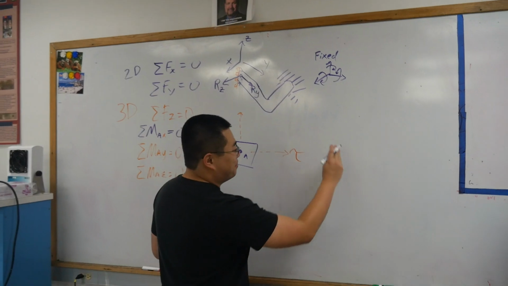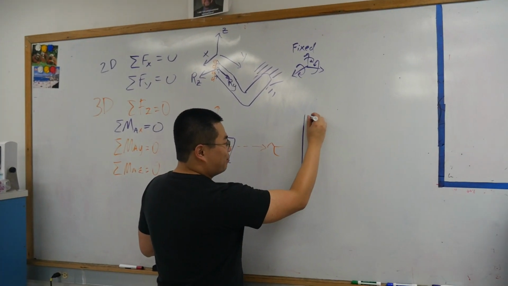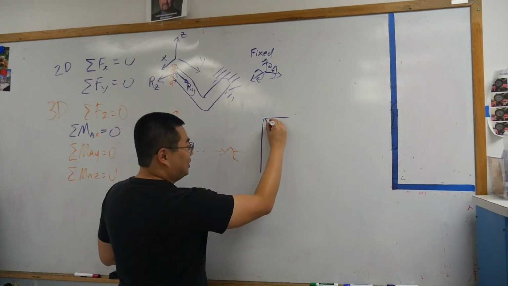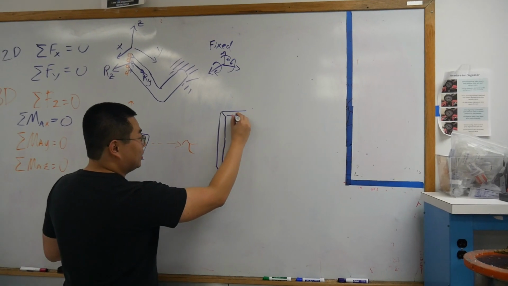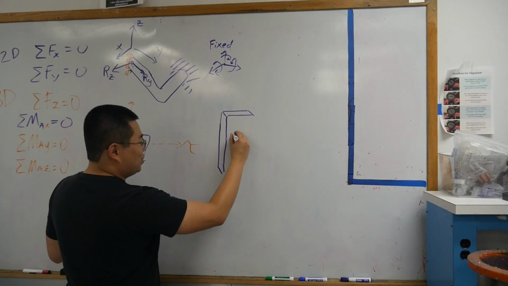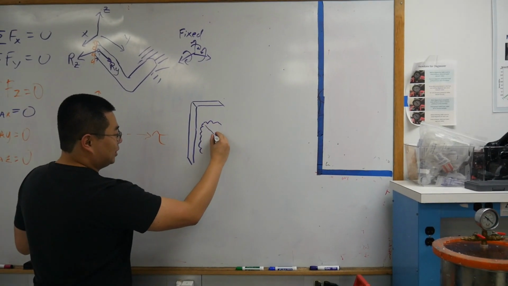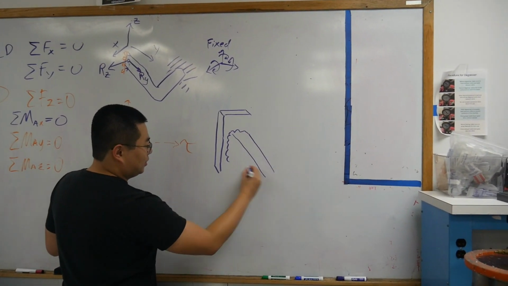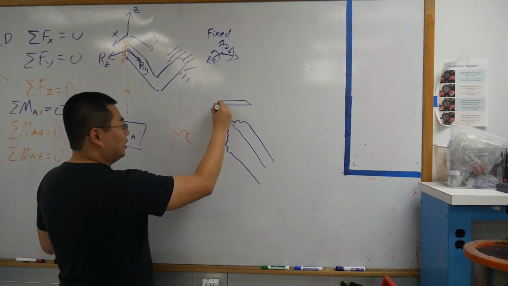So, for example, if we have a roller like this that is rigidly welded, and this is the roller.